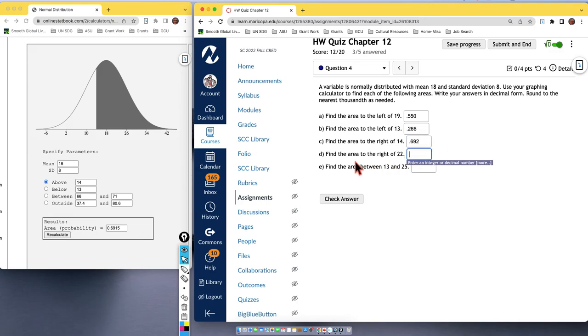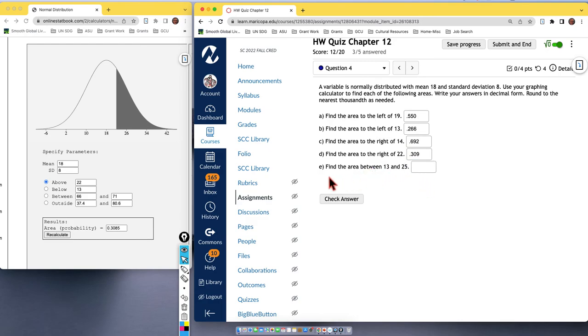Okay. And the area to the right of 22. Right is also above. We just change that to that data value, 22. We recalculate. That's going to be 0.309. So 30.9%. Left is below, right is above. And we round that up, the 8 gets rounded up to a 9.